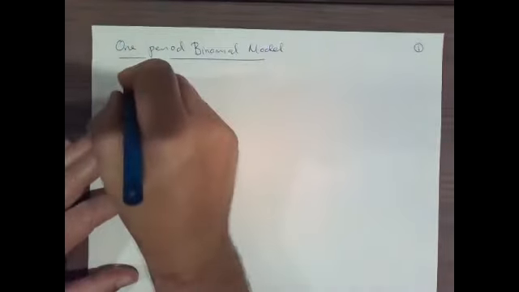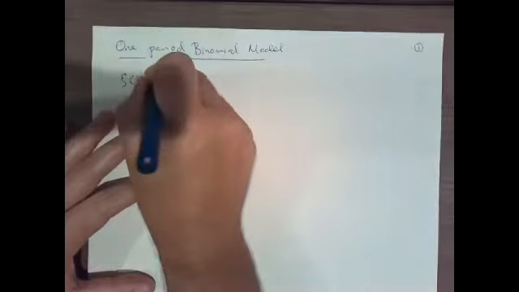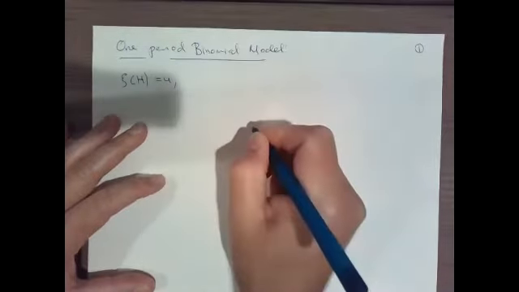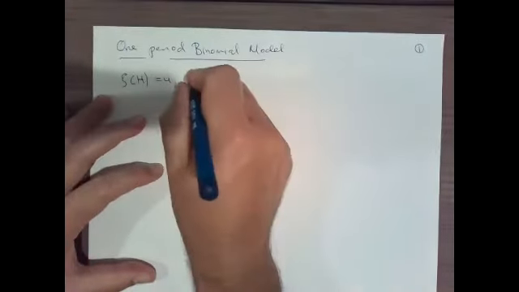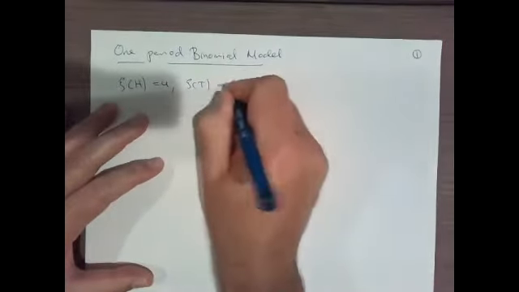So we are imagining that we can either go up or go down, and we are thinking about flipping a coin. If the coin comes up heads, I'm going to go up, and if the coin flip comes out tails, I'm going to go down.